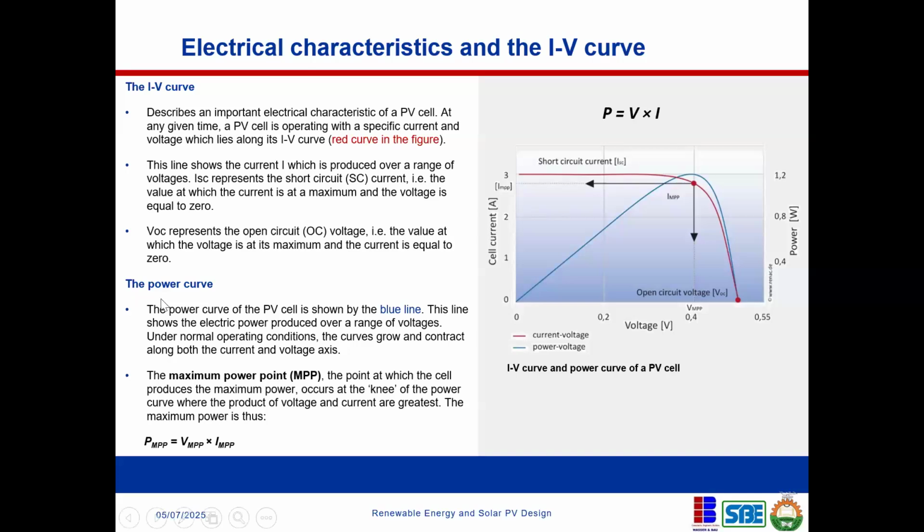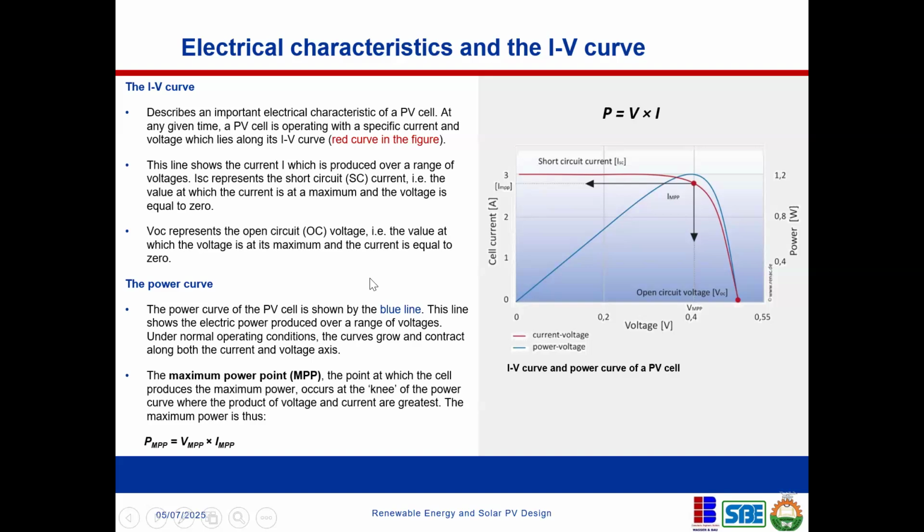Now, the power curve of the PV cell is shown by the blue line. This line shows the electric power produced over a range of voltages. Under normal operating conditions, the curves grow and contract along both the current and the voltage axis.